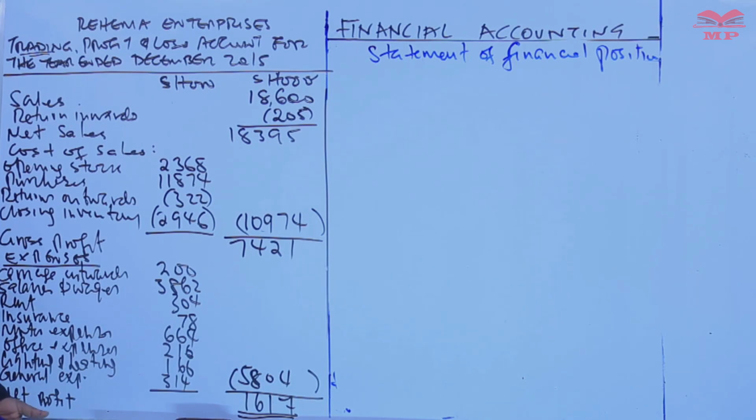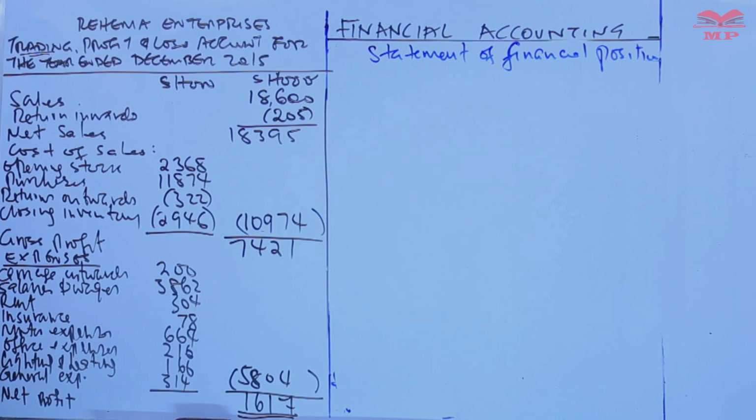And by now we know what assets are. Examples of assets are cash, debtors, inventories, property, equipment, furniture, plant. Then examples of liabilities are accounts payable, loans, long-term loans.